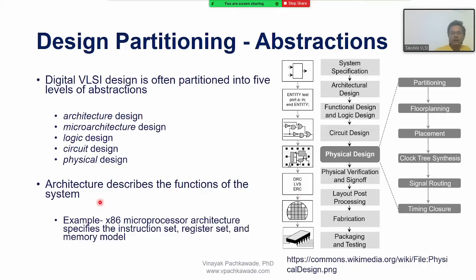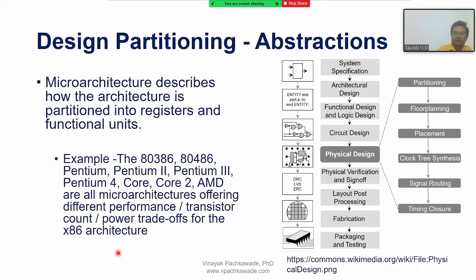Okay, so for example, you are designing, like I said, an x86 microprocessor, and it has different instruction sets, register sets and memory model. Once the architecture is defined, microarchitecture tells you how the architecture is partitioned into different functional units.